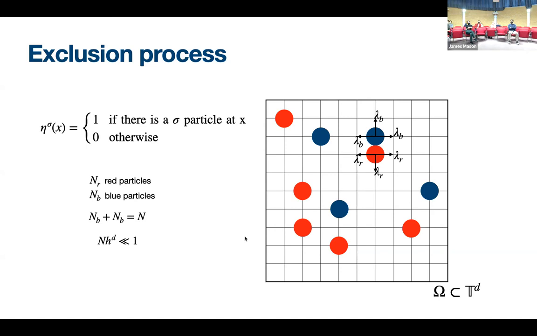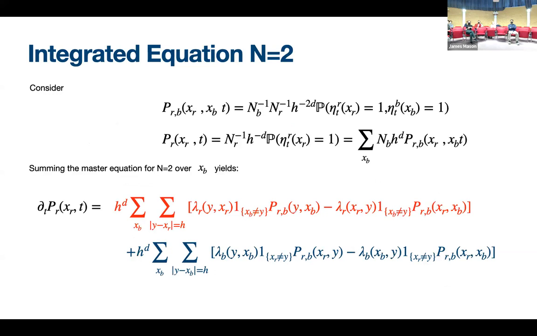We show this mathematically, but today I'm mainly going to focus on the method when you just have two particles and just state the results for when we have many particles. And so the quantities that show up in our equation for n equals 2 are the two particle density, of course, but we're particularly going to be interested in the one particle density.